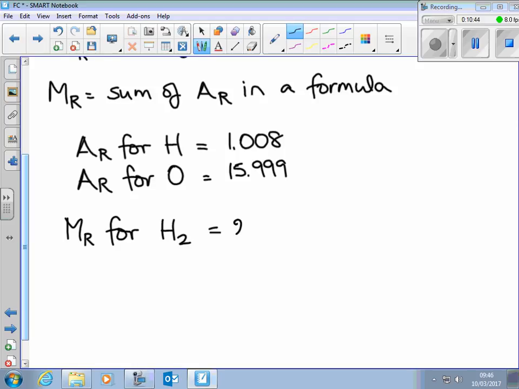It is 2 point, well, hang on, let me write it out. One of the things to do with chemistry calculations, it's always a good idea to write out your working. It's 2 lots of that. Okay, so it's 2.016. Simple as that.